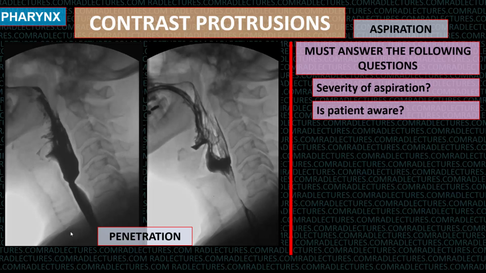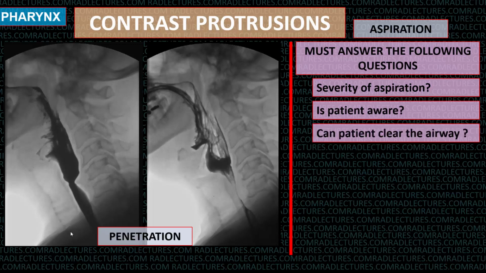But if they don't cough and you can see the barium contrast going down into the trachea, then that means they are not aware. And you should ask them, do you know that it is going the wrong way? And a lot of times they'll say, no, I don't know. If they are not aware of aspiration, that means that they cannot be fed and some other way of nutrition has to be maintained.